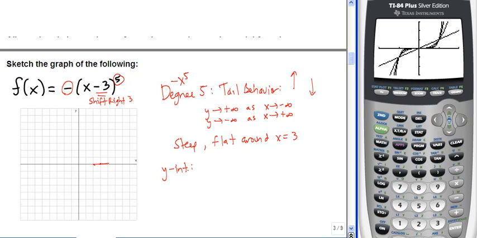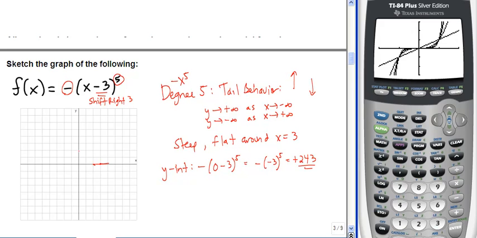And remember, the y-intercept is going to be when x is 0. So if I were to plug in 0 for x, this would give me negative 3 raised to the 5th power. Negative 3 to the 5th power is negative 243, but when I multiply it by this negative over here, it becomes positive 243. And that's huge.